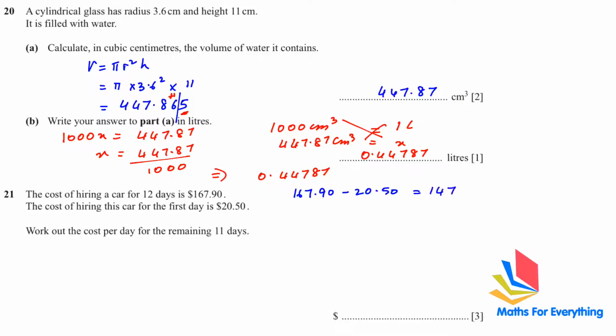We'll get 147.40, and divide this by 11 because 11 days are remaining. And we will get $13.4. So write it $13.40.